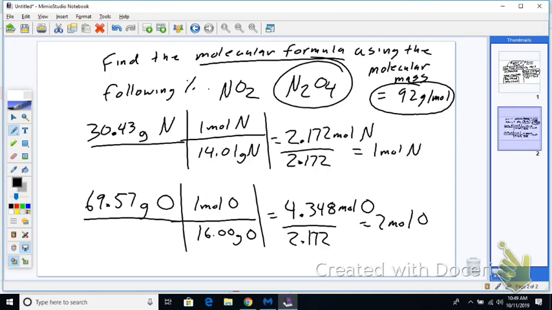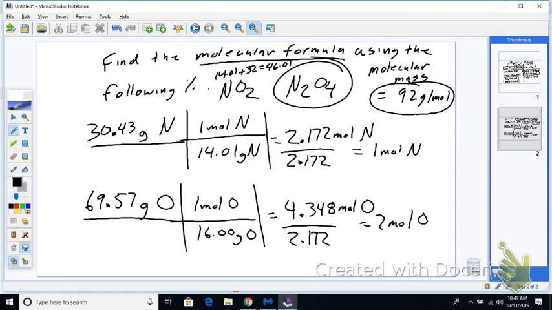Now, what do you have to do to see how these compare? You would have to find the molecular mass of NO2, right? So nitrogen's 14.01, and oxygen, 2 of them, adds up to be 32. So that's 46.01.